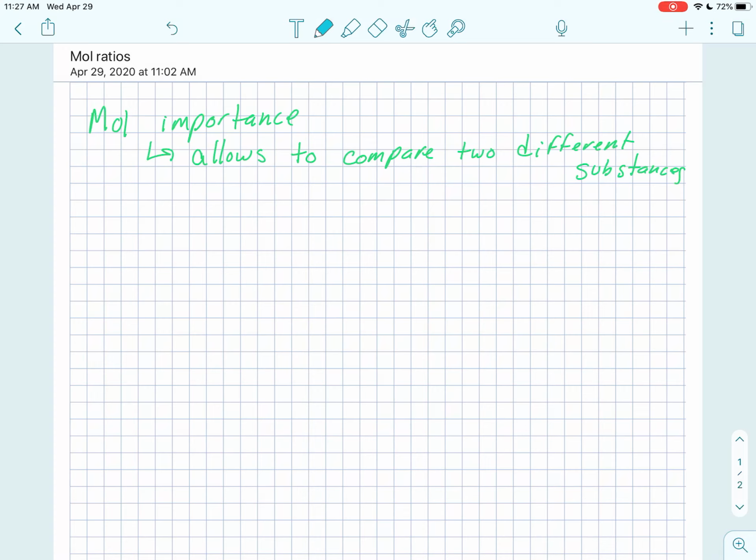So with this, what we're going to do is first determine, I have a problem here, and my problem says find the mass of 8.89 moles of calcium chloride.